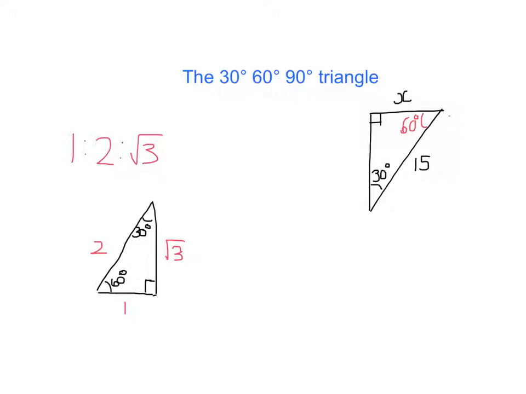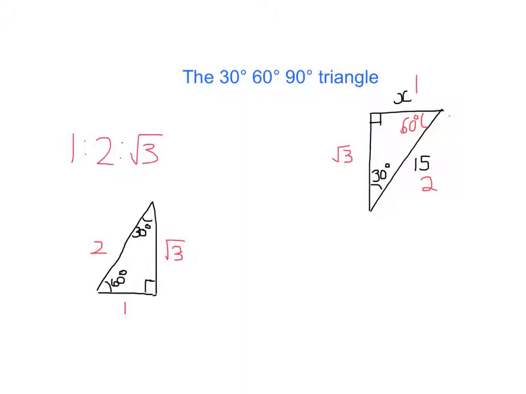So the first thing I'm going to do is to label my ratios on the appropriate sides. The side opposite the 30 degrees is the smallest of the ratios, 1. The side opposite the largest angle, the 90 degrees, is the largest, 2. And my other side, which I actually don't need in this example, is root 3.